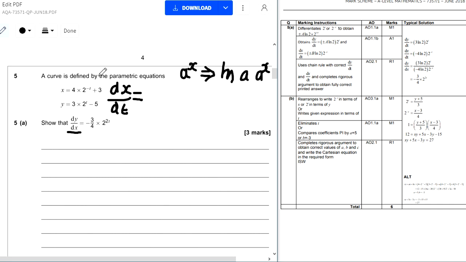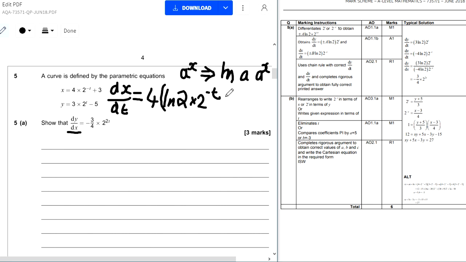So you've got to actually use the chain rule. First of all, we're going to have to include that 4, and then let's do the differential of 2 to the minus t. So a to the x, sorry, 2 to the minus t. So ln a, so that's just ln 2, times a, which is just 2, to the minus t.